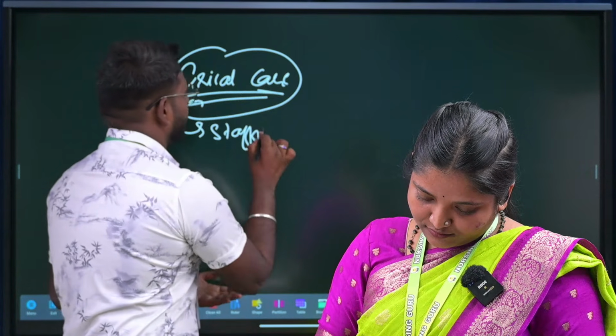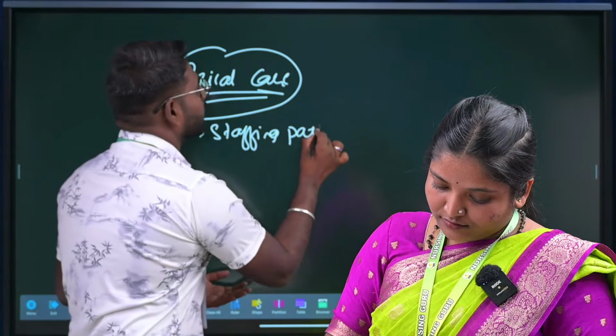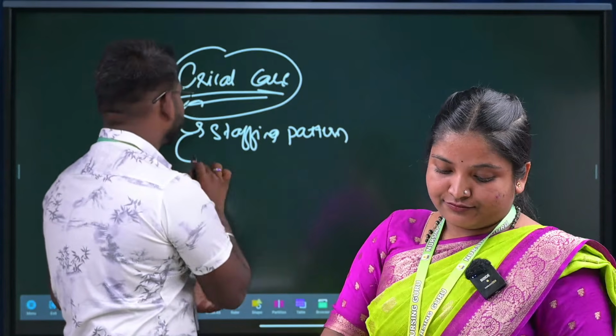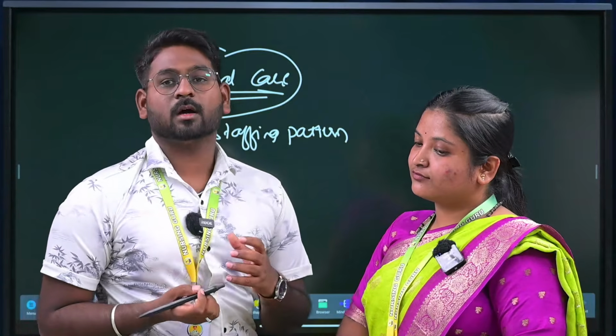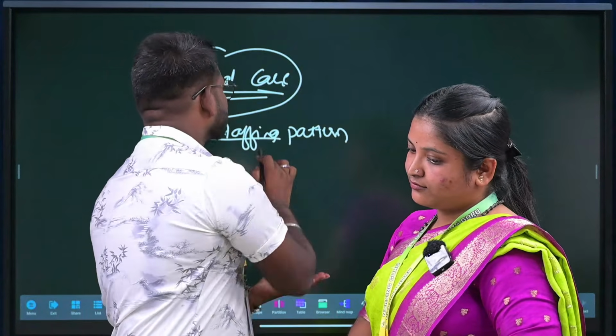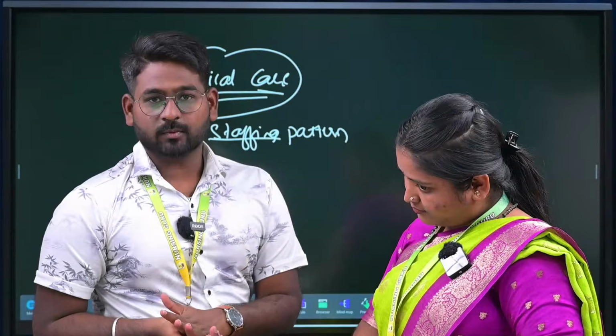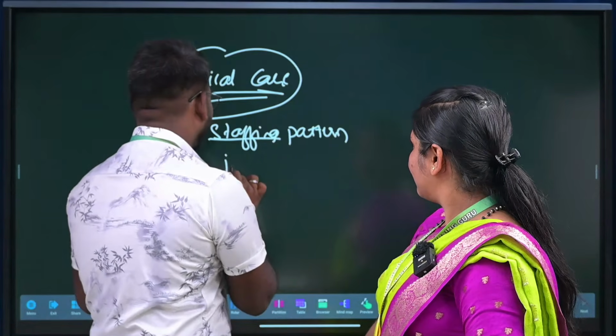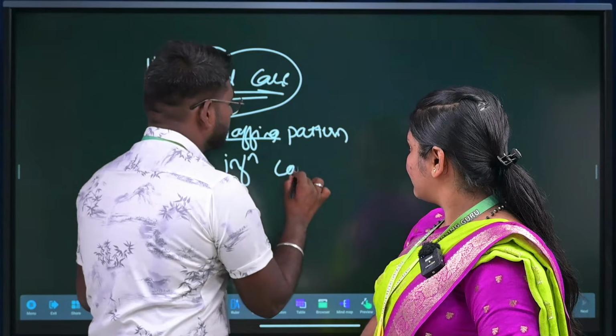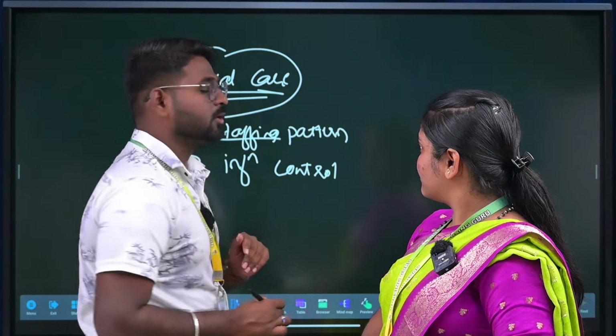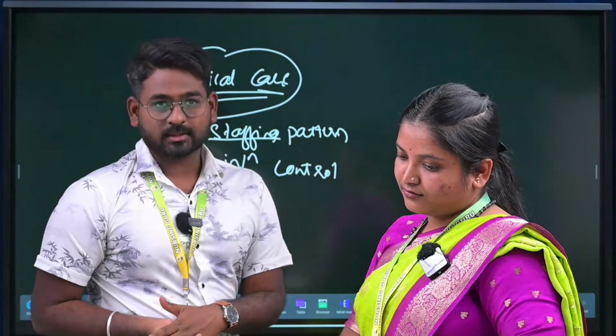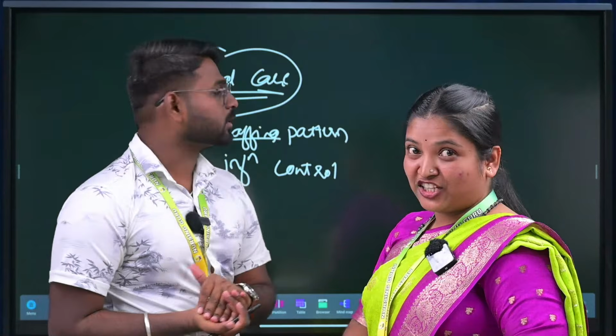From the point of view of the examination, we will see the staffing pattern of the ICUs, and very important, the infection control in the ICU settings. That is also one of the major things.